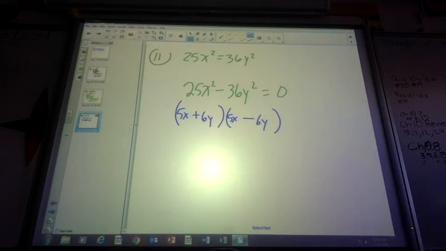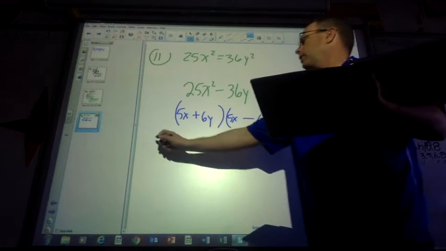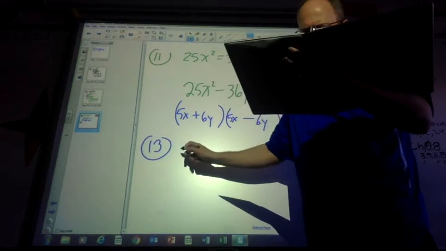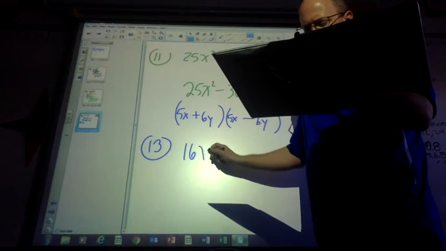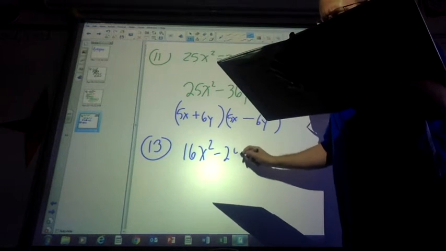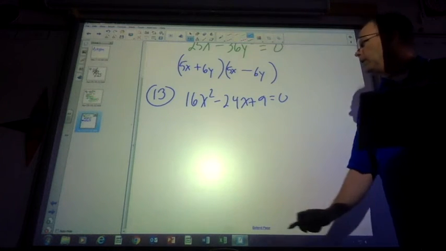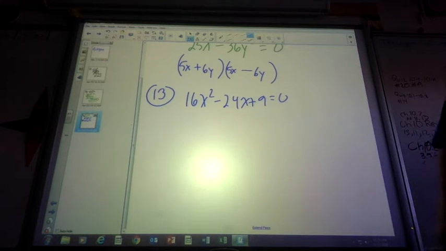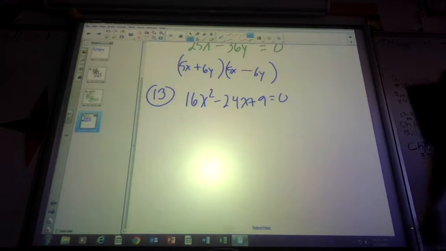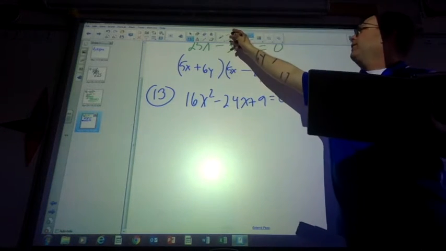Yeah. 13. Number 13 will be right here. All right, number 13. Let's see. It doesn't look like I have a greatest common factor.